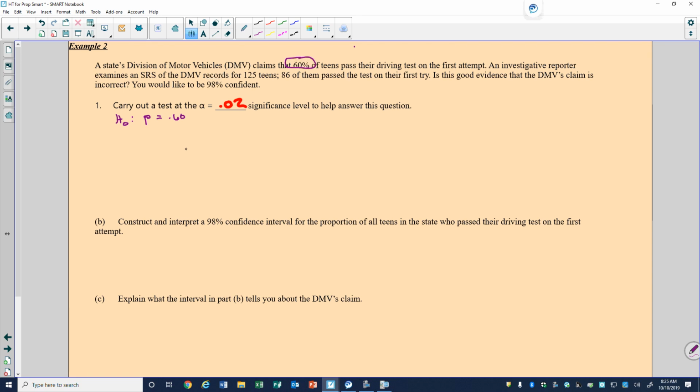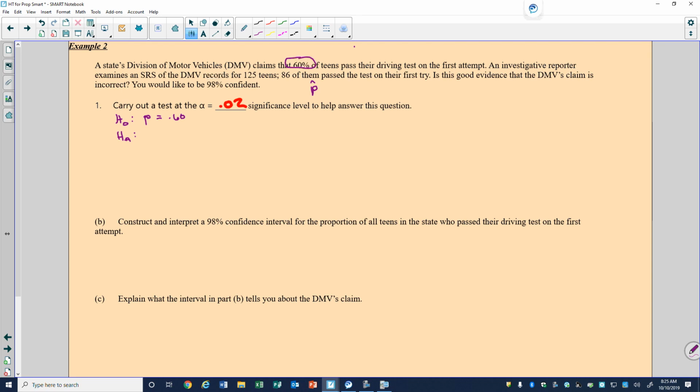What I want to do is try to prove that this has changed in some way. Now, 86% of them passed the test on their first try. Even though I could get a p-hat for that, I'm not really sure that I care if it's greater than or less than. It's not like the preference thing where we had to have a greater than to show that they preferred.